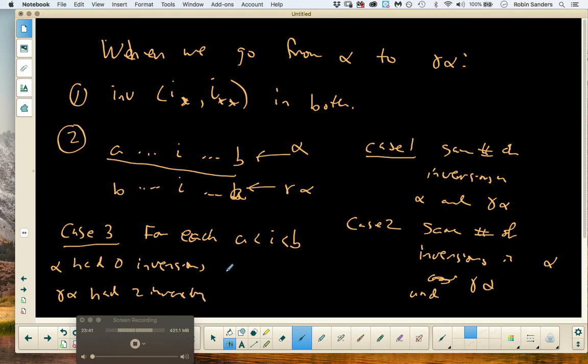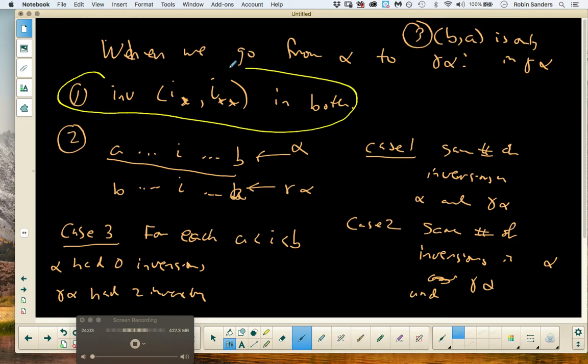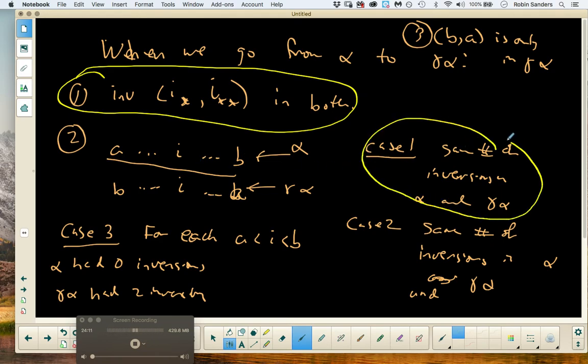And then finally, we have, and I'm going to put it up here, the inversion BA is only in first do alpha, then do gamma. Now let's put it all together and realize that this does not change the parity. That's either even or odd in both of them. This does not change the parity. This is even or odd in both of them. This does not change the parity. That's even or odd in both of them.